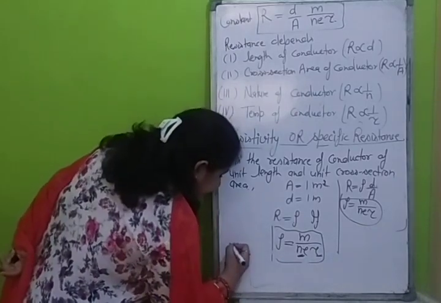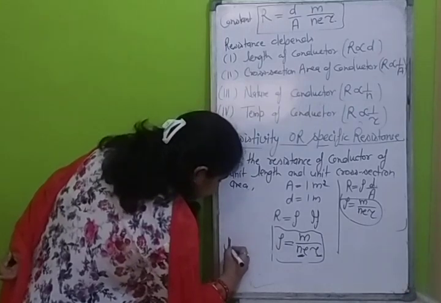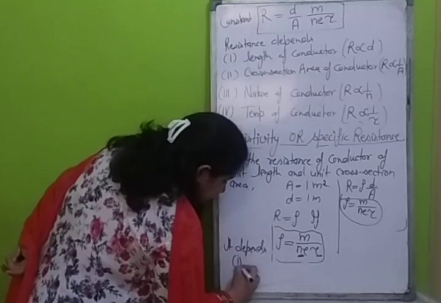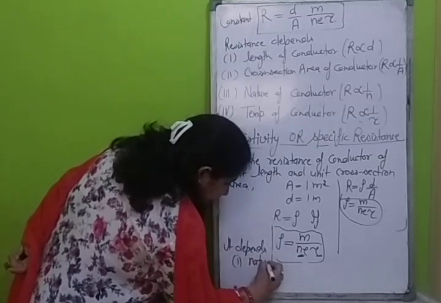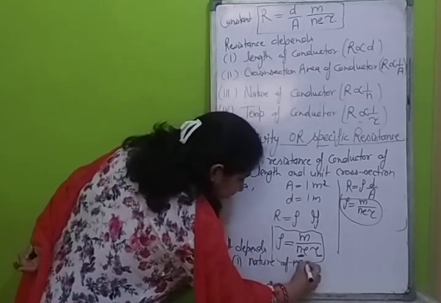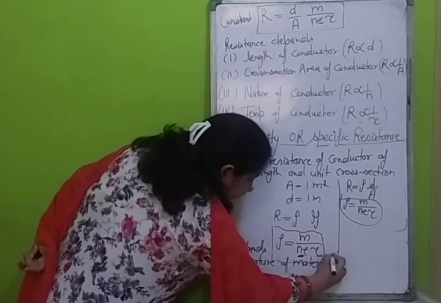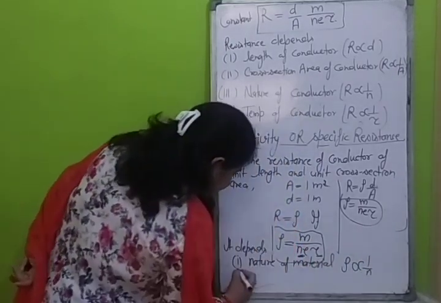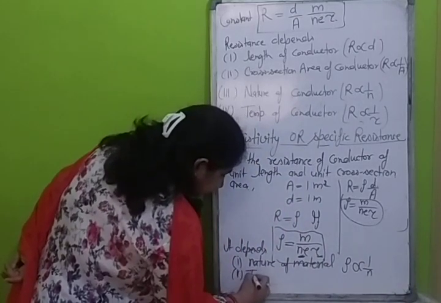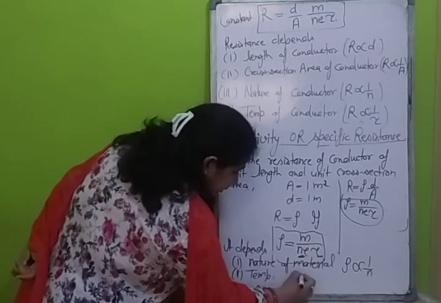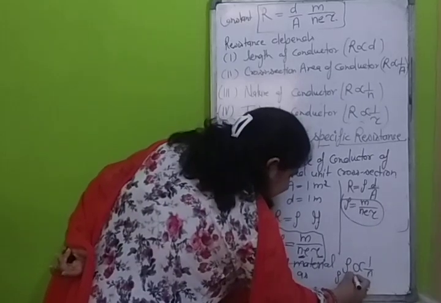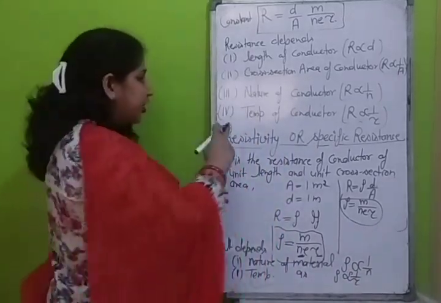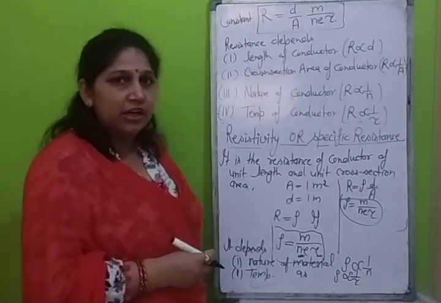It means resistivity depends, first, on the nature of the material, and rho is inversely proportional to n. Second, on temperature, as rho is inversely proportional to tau. This is the resistivity or specific resistance of a material.